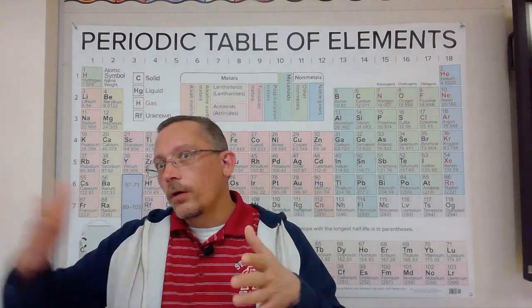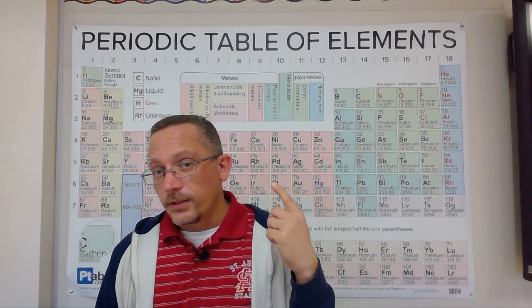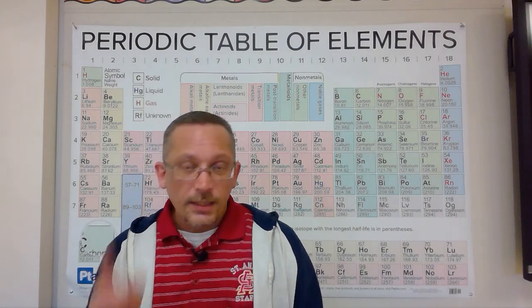Iron, for example, can be either positive 2 or positive 3. Some of them form multiple different ions, 3 or 4 different kinds of ions. And some of them form ions as high as positive 7. So the transition metals are not quite as simple to figure out what their charge is going to be. If you need to know what it is, I'll tell you. I'm not going to ask you to predict for them.